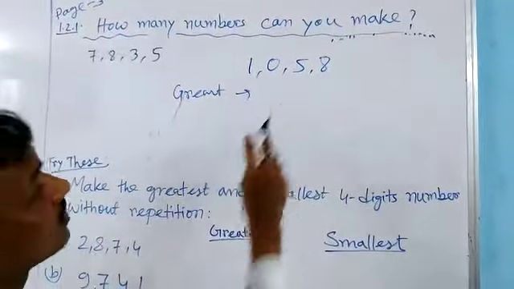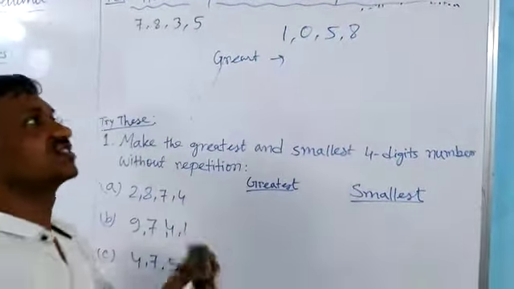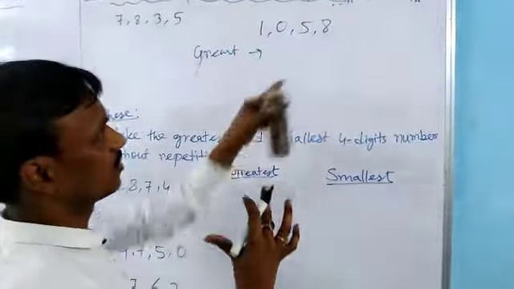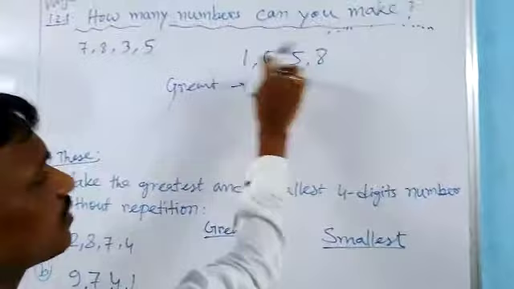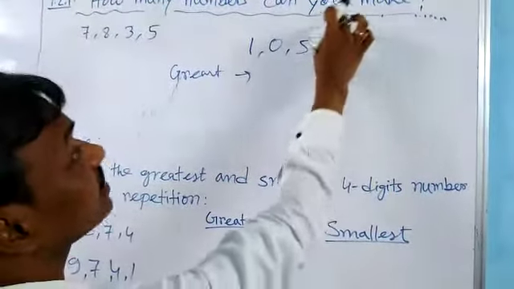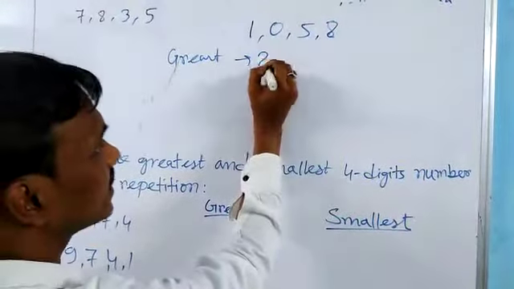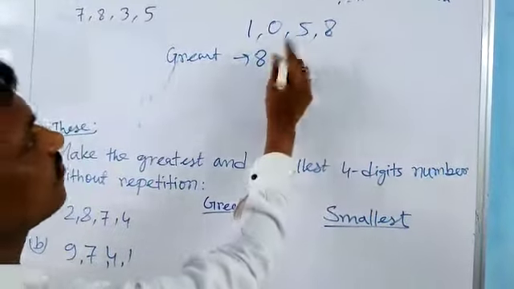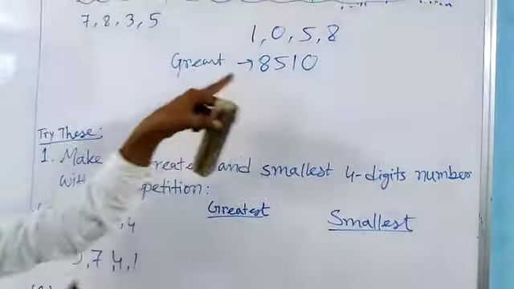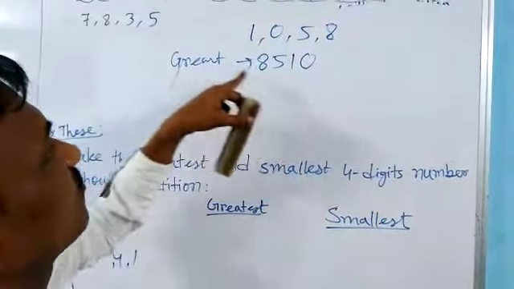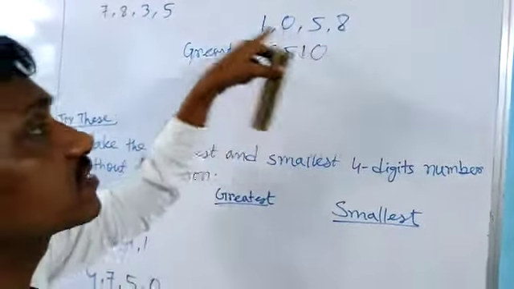For the greatest number, arrange the digits in descending order. So 8 is the greatest, so 8 is written first, then 5, then 1, and then 0.